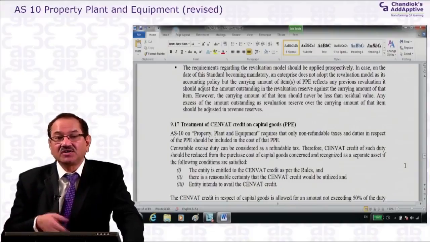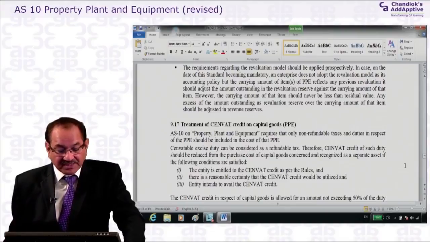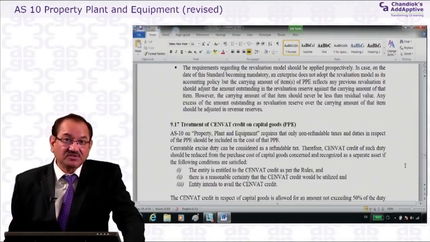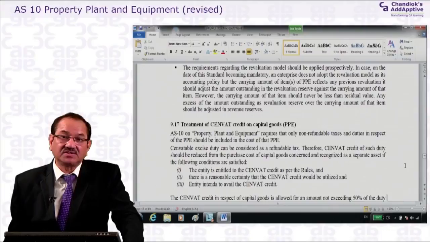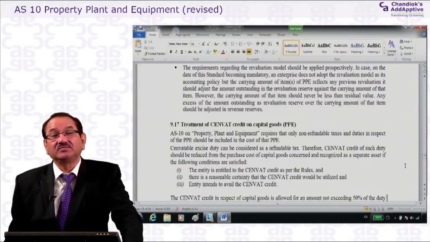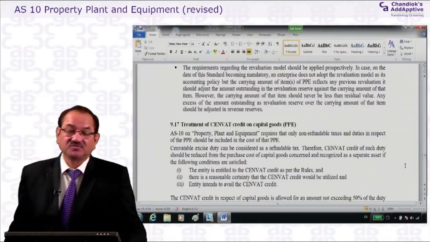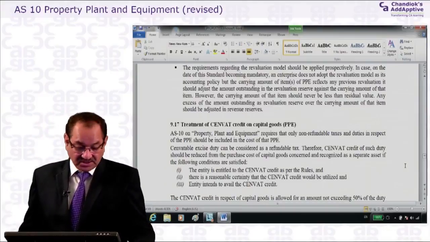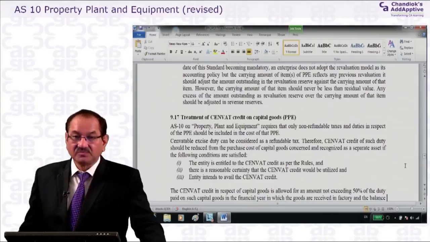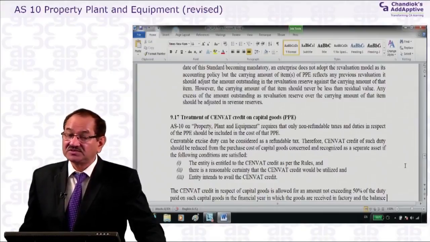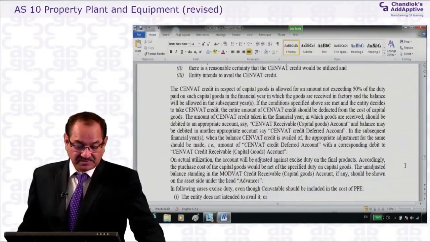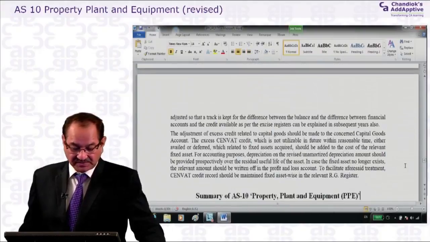This guidance on the CENVAT credit is based on the guidance given by the Institute of Chartered Accountants, and this will change from 1/4/2017 because the goods and service tax will be implemented as the government says. So you have to look at this, but for May 2017 it remains for May 2017.